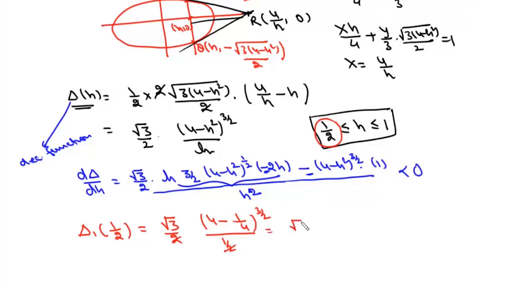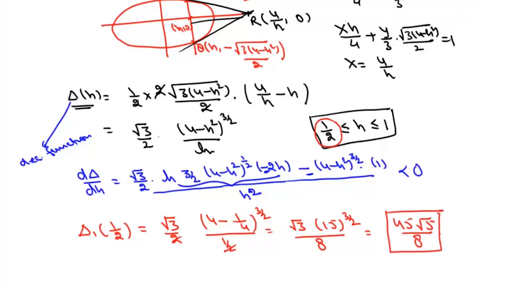Now this is root 3, and this is 15 to the power 3 by 2 upon 2 cube, which is 8. Now this is 15 root 15, and root 3 times 15 root 15 is 45 root 5 by 8. So that's the value of delta 1.